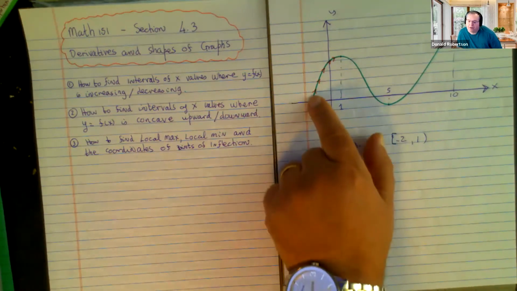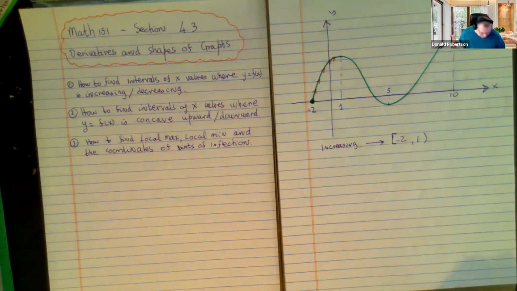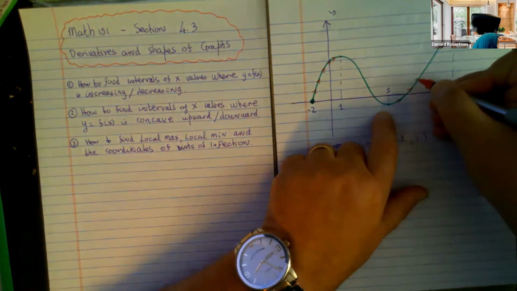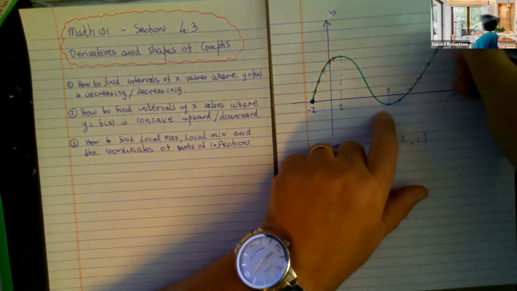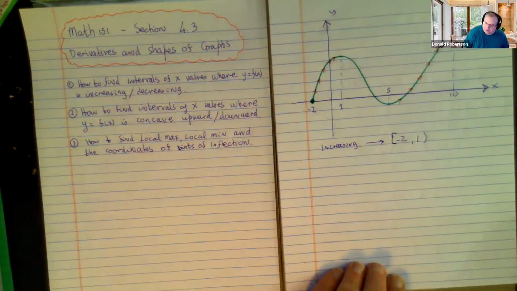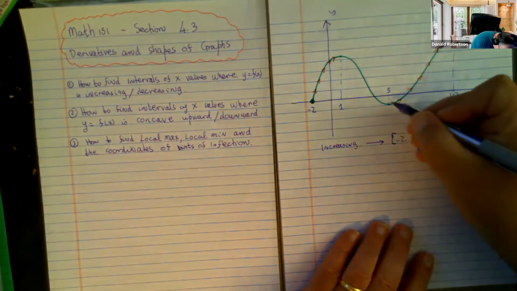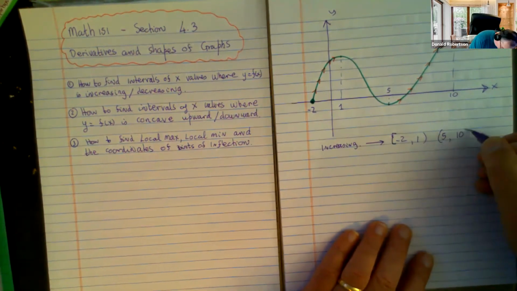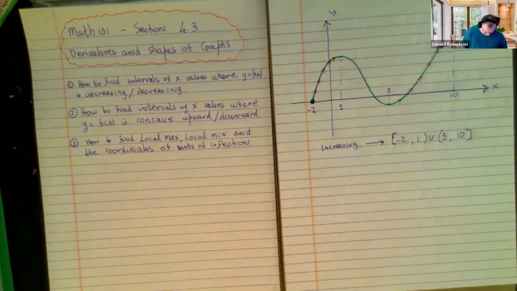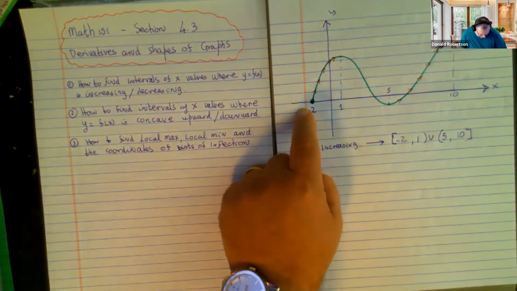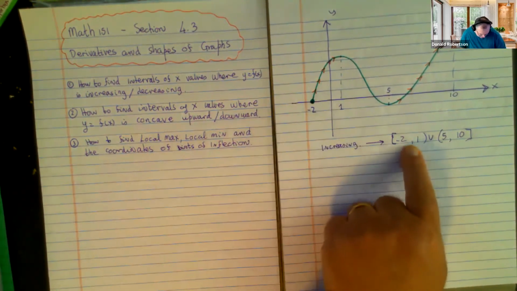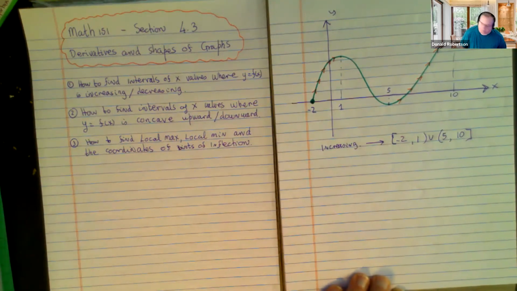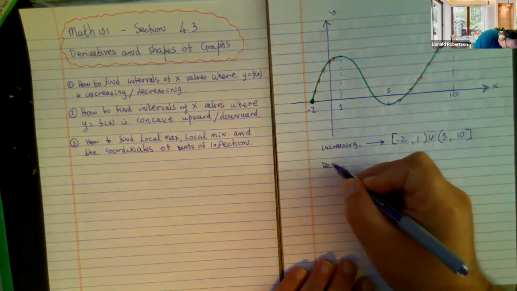Would you agree that it's also increasing from 5 to the end of this curve? So for this function, for x between -2 and 1, and for values of x from 5 to 10, the function is increasing. Let's look at decreasing then.